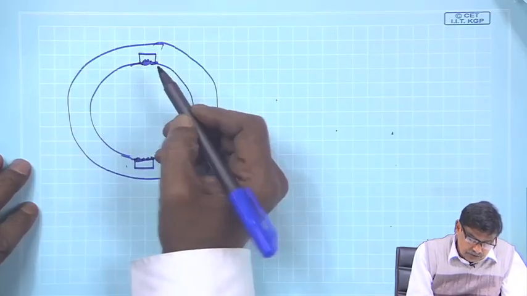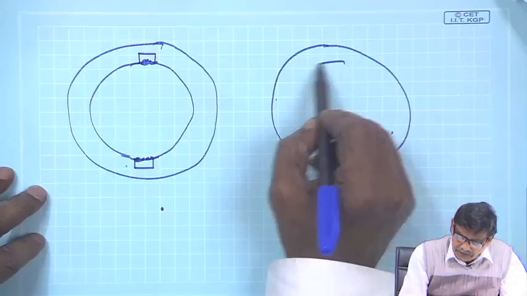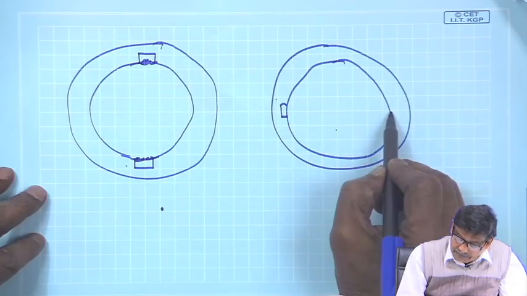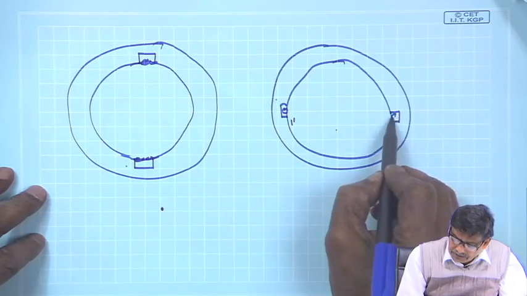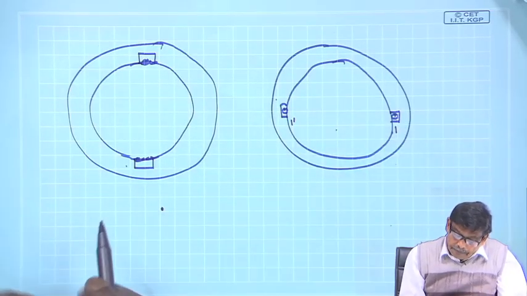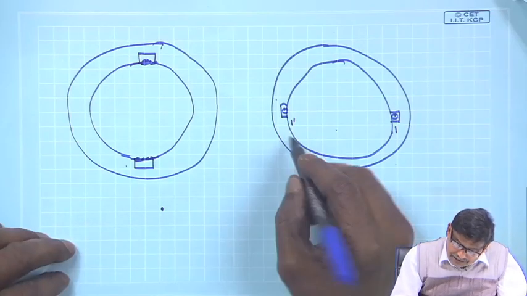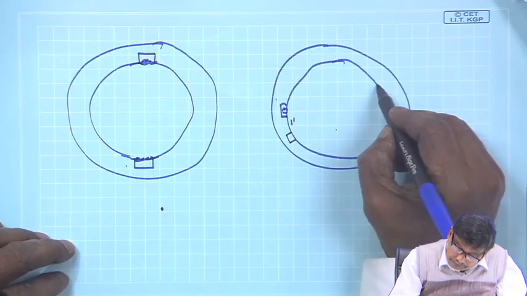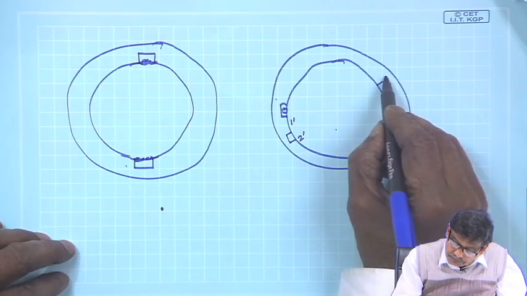So, these are the two slots. Oh, I drew it the other way around. So, let me put it here: one coil, 1 dashed, a multi-turn coil, I am just showing one. Now, I will place another coil, 2 dashed and 2.